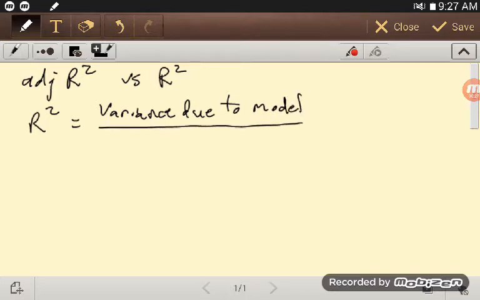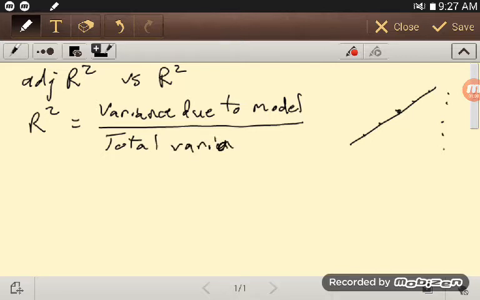Okay, so the y equals beta x plus alpha, that straight line model, there's going to be some variance in the y values simply because if you have a slope, even if the data go right along that line, the y values are doing that, they will have a variance to them, right? And that's due to that straight line. And then divided by the total variance.